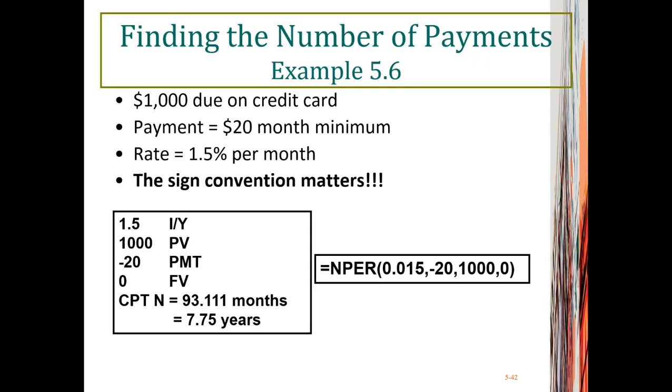Here's another example. Let's say you have $1,000 due on a credit card, and the payment is a $20 monthly minimum, and the interest rate is 1.5% a month. It asks you how many years it takes for you to pay off that $1,000 balance.